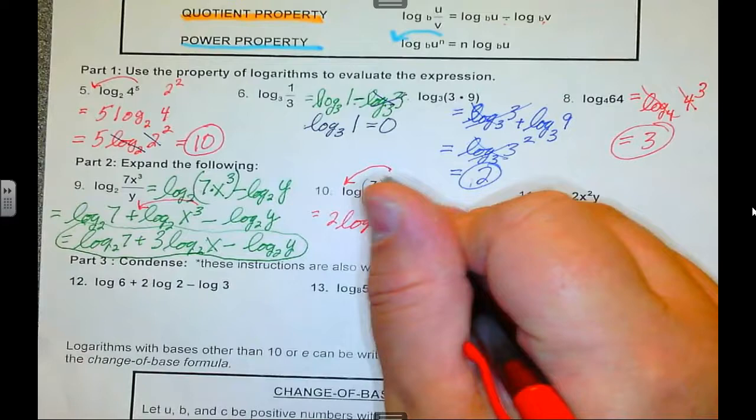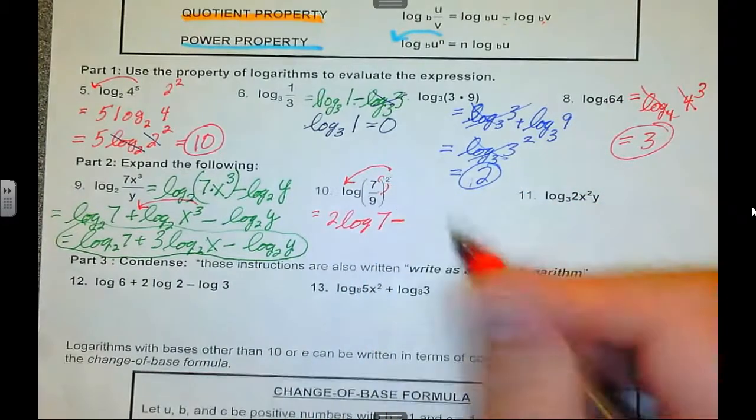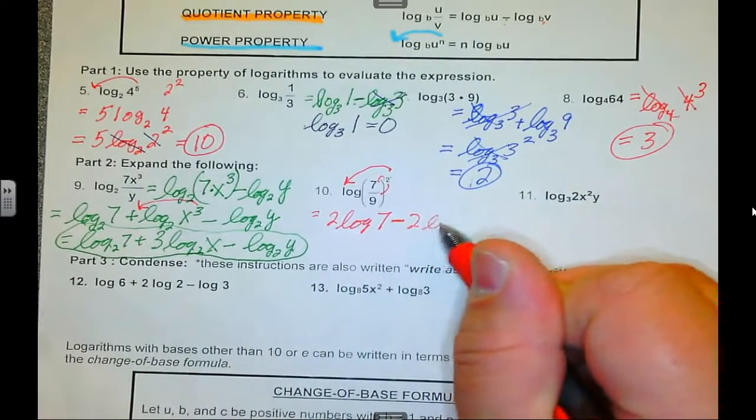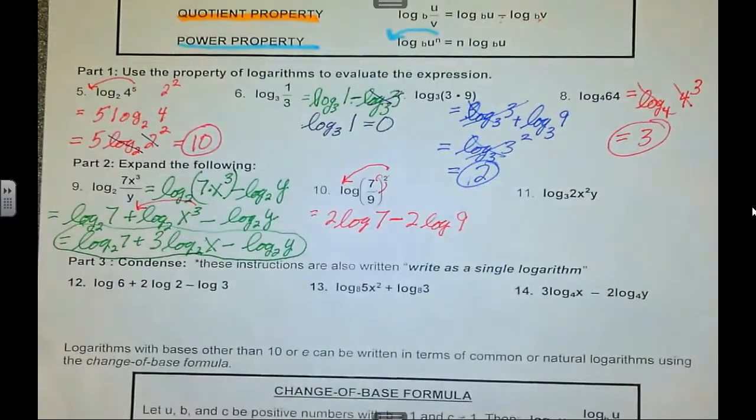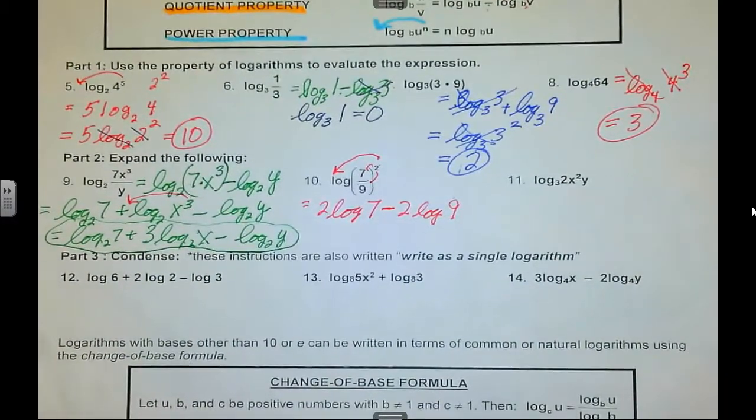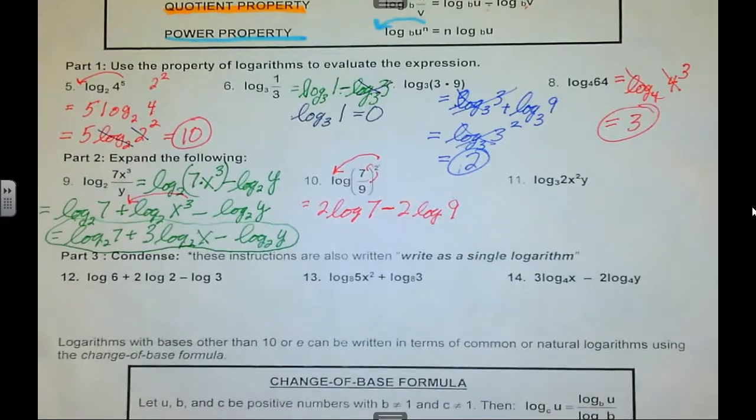Now remember, this 2 is going to each one of these, right? 2 log of 9. So I'm kind of doing 2 steps at once there. That's it, I'm done. It's expanded. I can't expand it anymore.